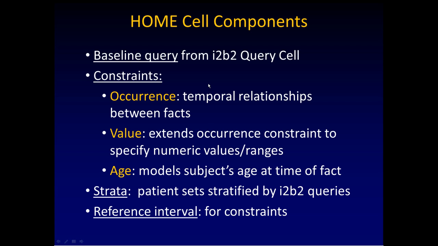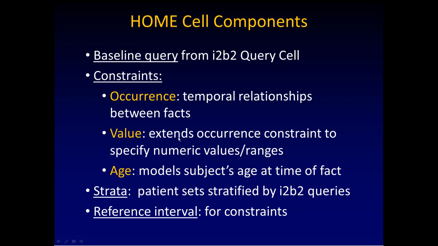And what this does is let us pull off a subset of patients that's much smaller than the over 1 million patients that are in the database right now. And by reusing this existing I2B2 query cell query, we can add on to that a series of constraints. And after about 6 months of work, we came up with really 3 essential constraints that could be used to model these temporal health outcome relationships.